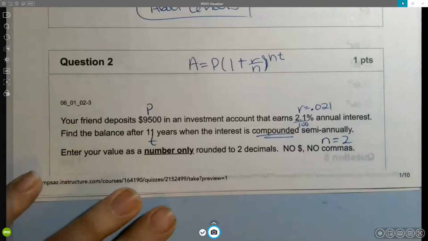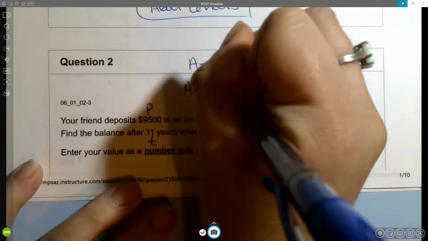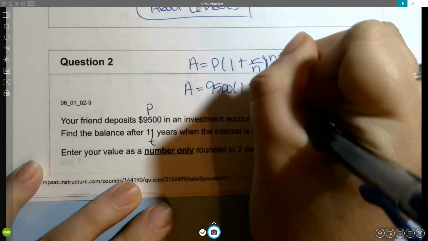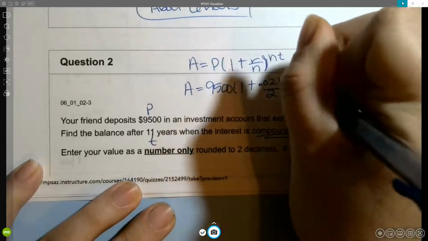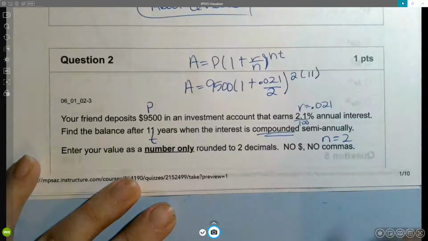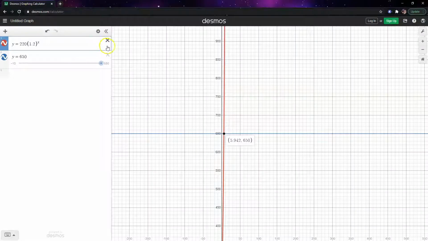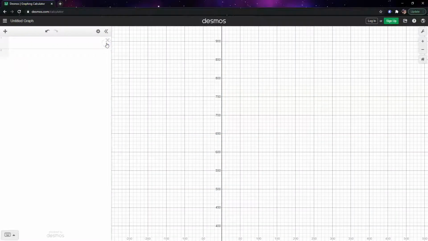So then I want to go ahead and plug into my formula. So I'm going to have A equals 9,500, 1 plus 0.021 over 2 to the 2 times 11. So I want to go back to Desmos to type this in. And when I type it into Desmos, I just start with my stuff on the right side of the equation.